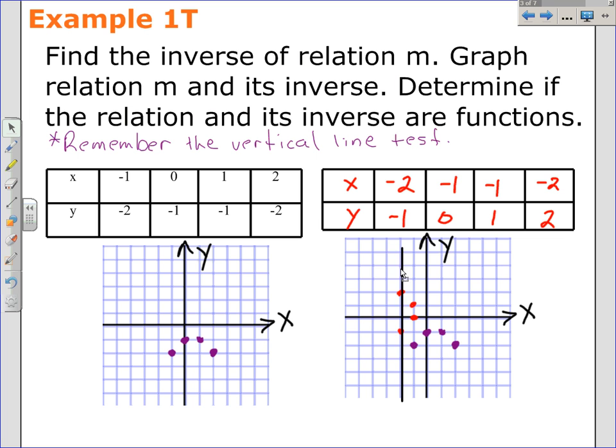So that does not meet the criteria for a function. But if we look at just the original function and using the vertical line test, we do get the one-to-one correspondence. So to answer the last part here, are they functions or not? This one is a function, and this one is not a function.